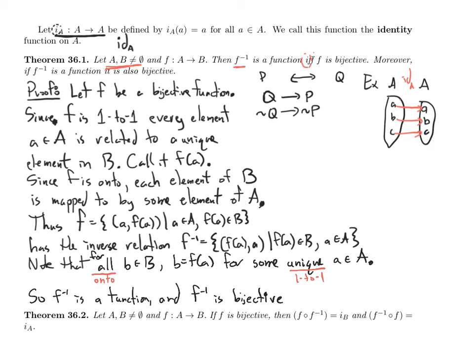It's one-to-one and onto. Each element in the domain of f inverse, in B, is related to exactly one element in A. And since f was a function, everything in A maps to something in B. So f inverse is indeed bijective.